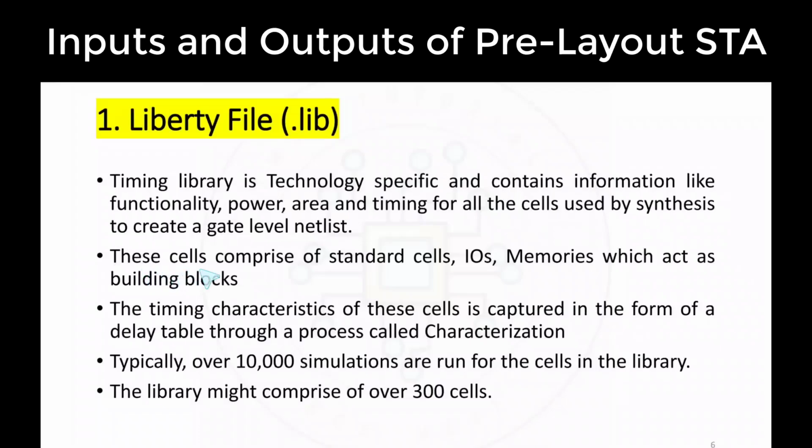Generally these cells comprise standard cells, IOs, IO means input and output, and memories, which act as building blocks. Generally these .libs are developed for standard cells, IOs or memories. If it is based on standard cells, it is done by the team called standard cell characterization engineers, for IO there will be a separate team, and for memories like SRAM there will be a memory characterization team.